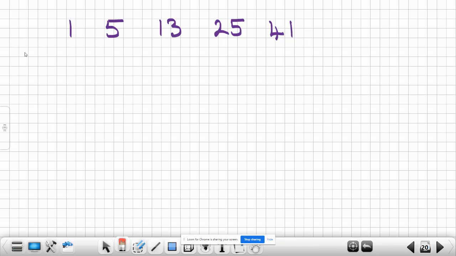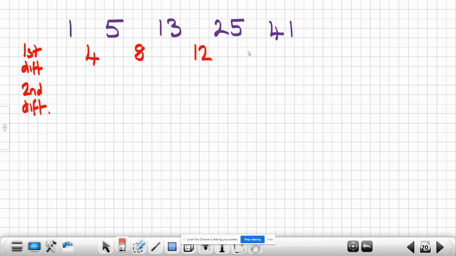So we're going to look for the second difference. So I'll write first difference, second difference. And the first difference, well, we've got 1 to 5, so that's 4. 5 to 13 is a difference of 8. 13 to 25 is a difference of 12.